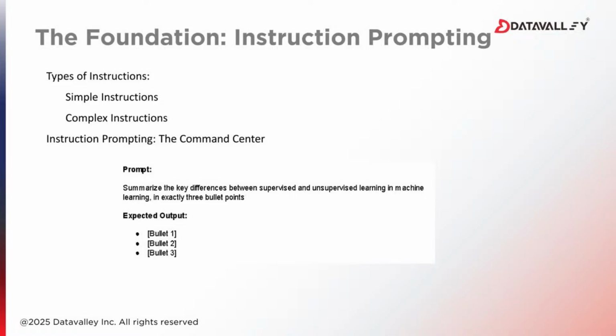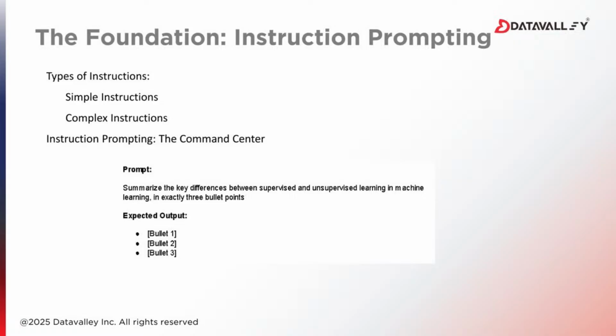Simple instructions are straightforward, single step ones. Suppose we say, summarize this text or translate this sentence into French. The AI can typically execute these directly based on its own general knowledge.